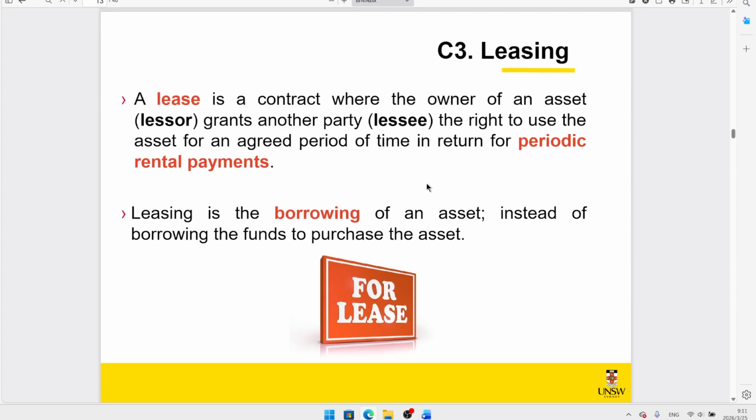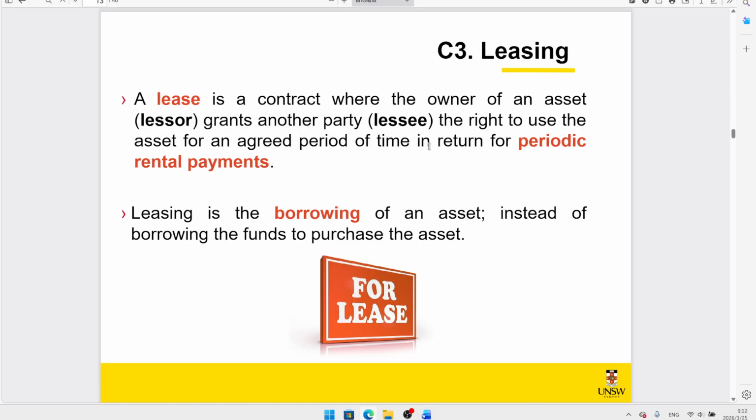Another type is the lease. A lease is a contract where the owner of an asset grants another party the right to use the asset for a granted period of time in return for periodic rental payments.